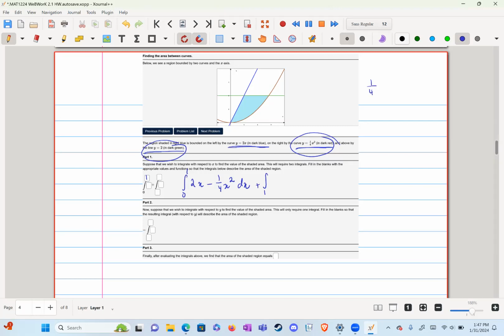We have 1/4 x squared equal to 2, times 4 gives us x squared equals 8. Take the square root of either one, that's x equals square root of 8, and there's our bound, square root of 8, and now we have 2 minus 1/4 x squared dx, which sounds about right.